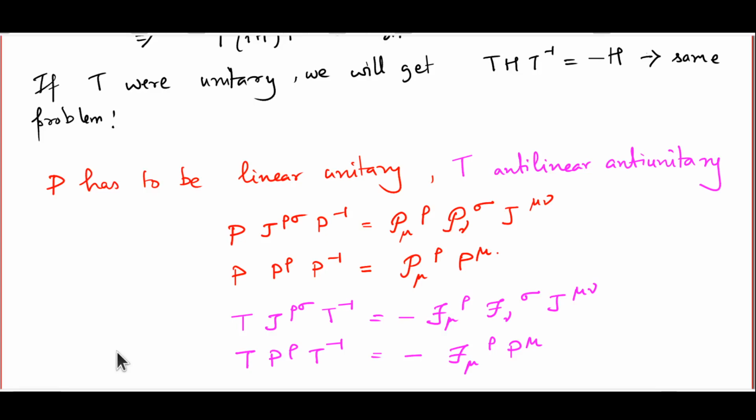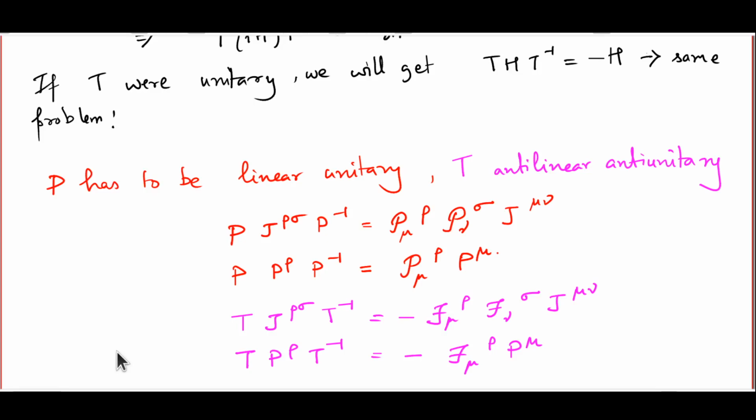All you have to do is remember that the purely spatial index version, capital J ij's, are angular momentum generators. Capital J 0i's are boost generators. Capital P0, of course, is the Hamiltonian, the one which we have already met. And capital Pi, the spatial components, are nothing but the 3 momentum vector components.